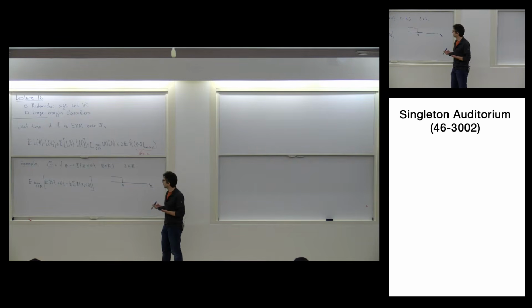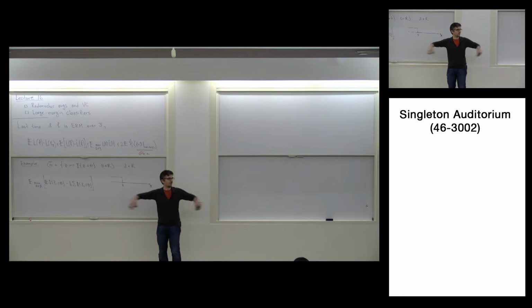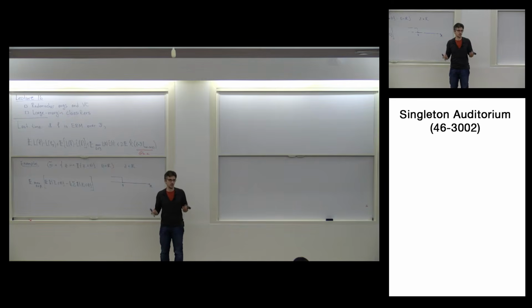Maybe I can consider a finite number of theta, spread them out on the real line, prove it for each theta separately, and then try to put it together somehow, and that's not going to work. So this is not actually an easy problem.